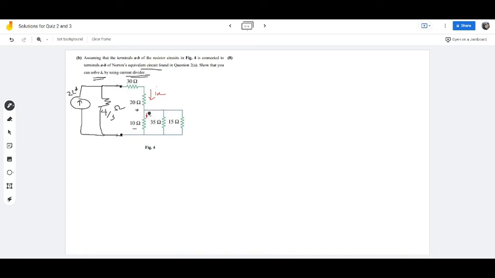That way you might get some marks but not the full marks. The full mark is when you actually show that you can use current divider to get I naught. So this is how you do it. First, I would like to say that I can group these resistors, they are all connected in parallel as you did in question 1A.